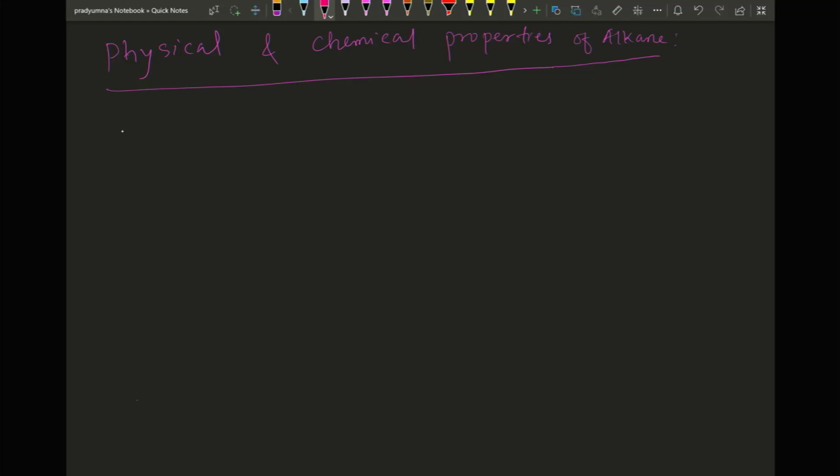So the alkanes with 1 to 4 carbon atoms, like methane, ethane, propane, and butane. I'm not going to name all of them after this. These are usually gases, so that's their physical property.